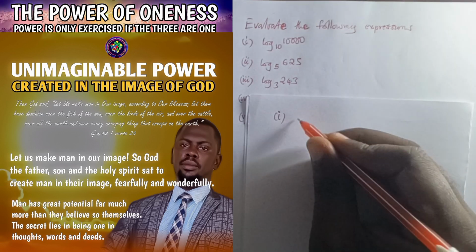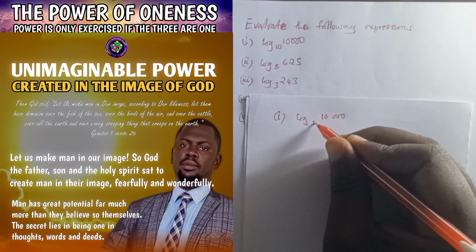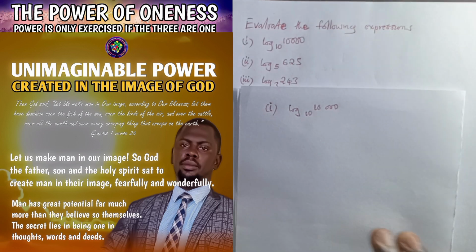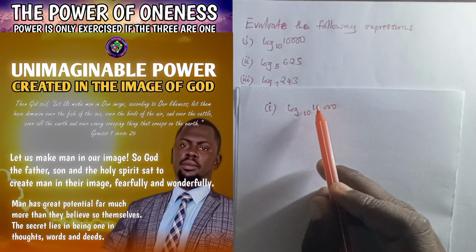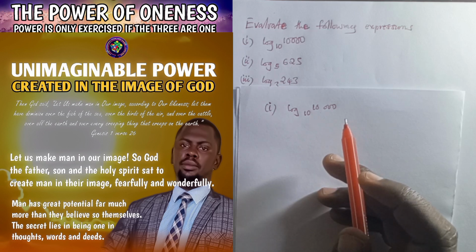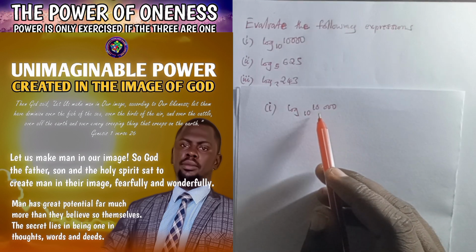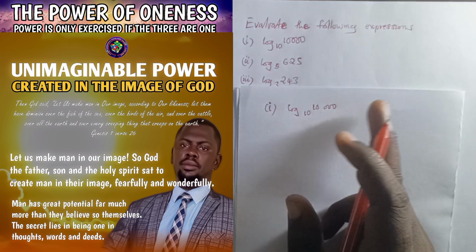So we say log of 10,000 base 10. The first thing we can try is to make our log the same as the base. Here we have 10,000, and we want to make sure that this 10,000 is expressed in a form where it is 10 raised to some power.